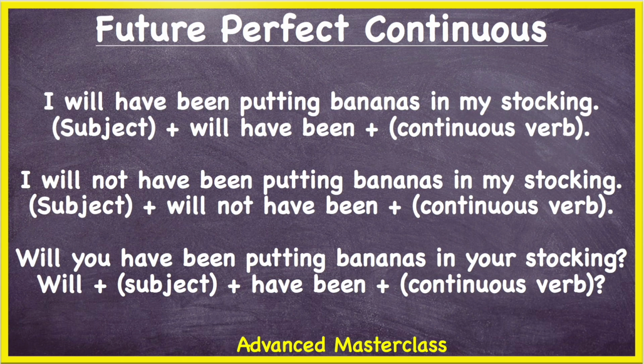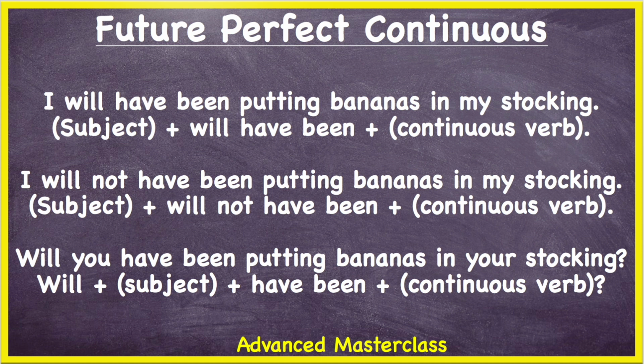I will have been putting bananas in my stocking is subject plus will have been plus continuous verb. There's no past participle continuous. We don't need that many verb forms. We just want the continuous verb.